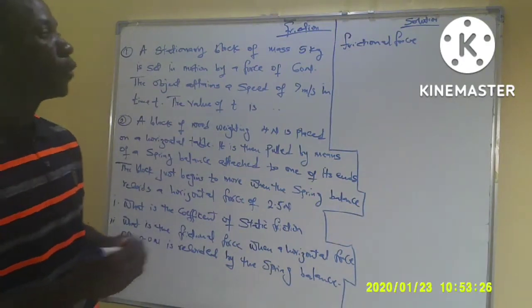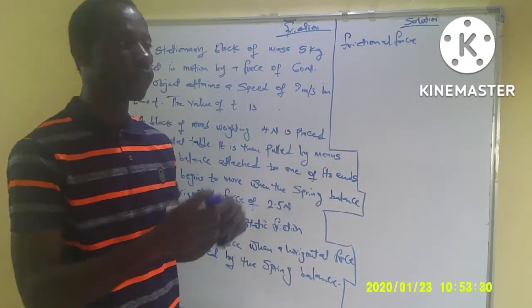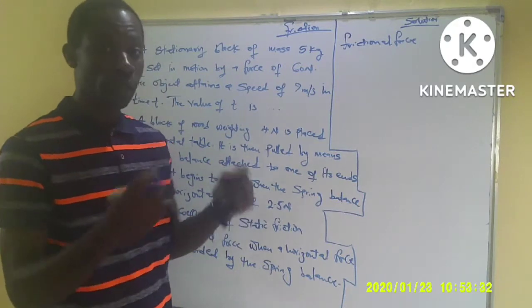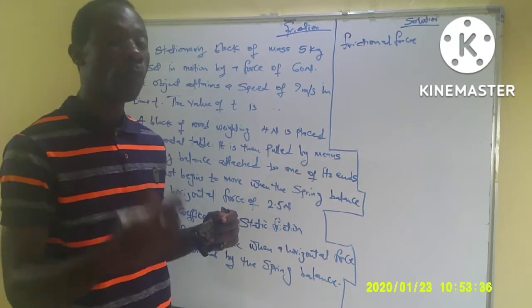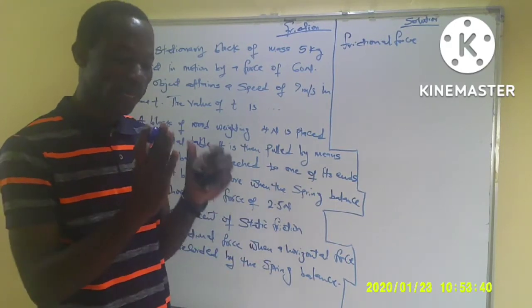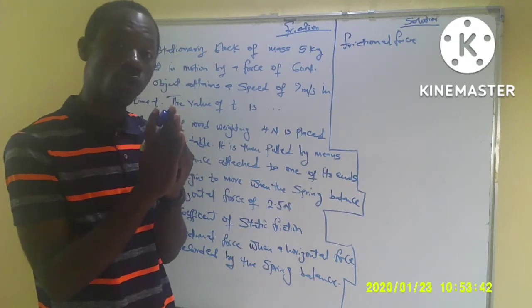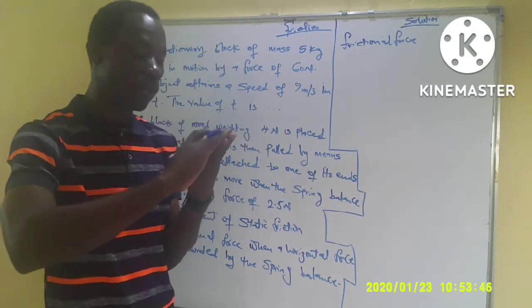Now, frictional force is actually what? Friction? Frictional force is the force that acts between the surfaces of two objects and tends to oppose the motion of one over the other. It's a force that acts at the surface of two objects. This is the surface of one object, this is the surface of the other object.